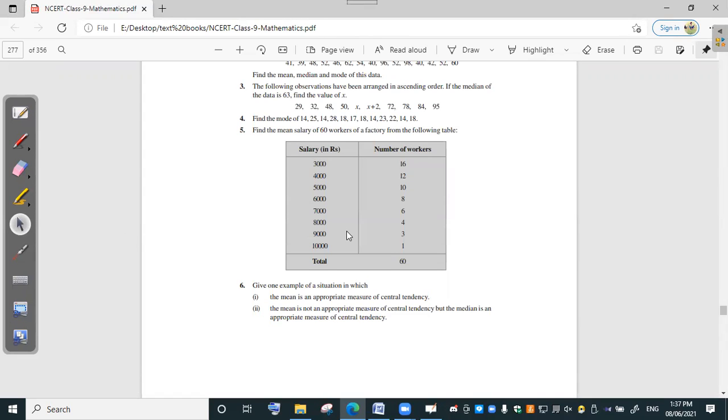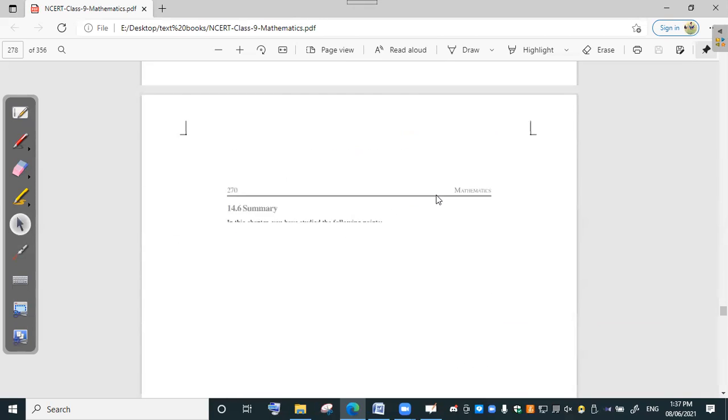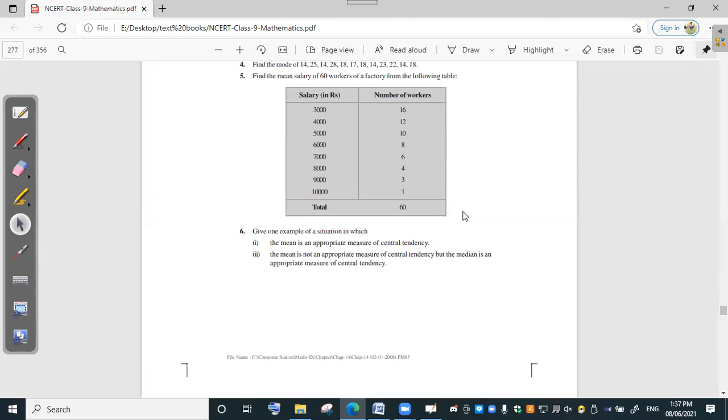Give the example of a situation in which the mean is appropriate. This is the last question. Here they are just asking for examples where the mean is an appropriate measure of central tendency.